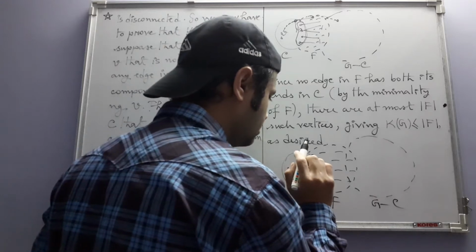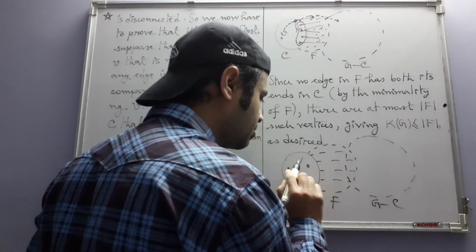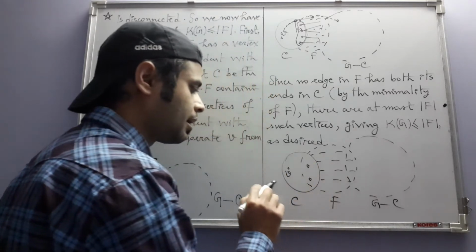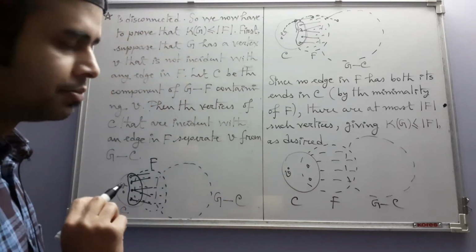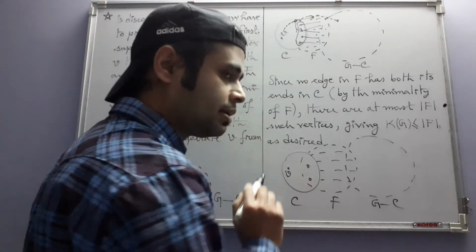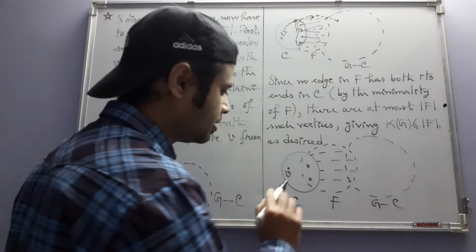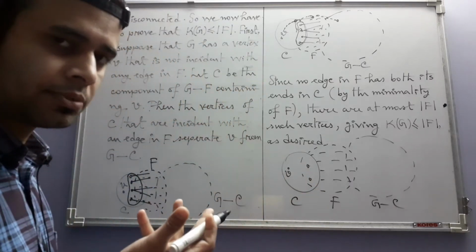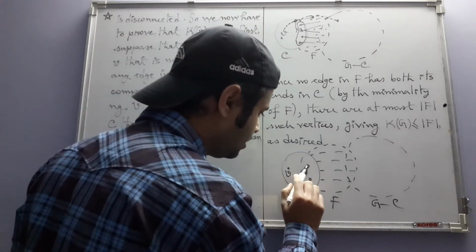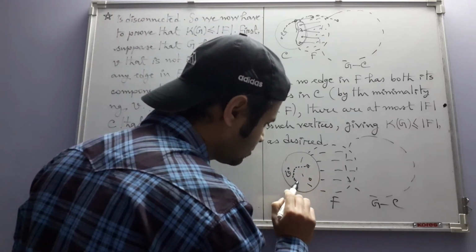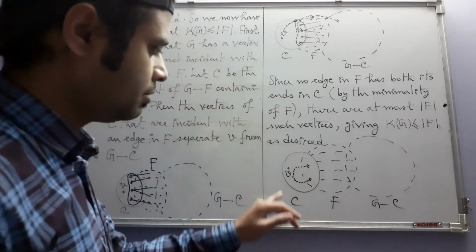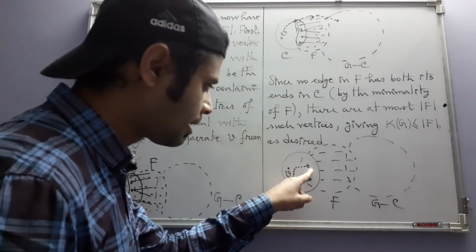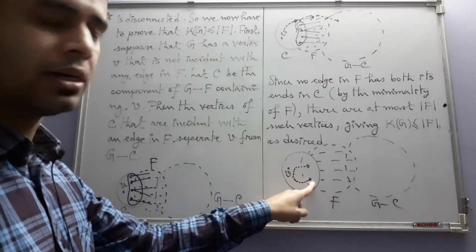However, at that stage, because these two vertices are lying in the component C, by the definition of a component, the component itself is a connected subgraph. So there should be a path in this component that connects these two vertices.